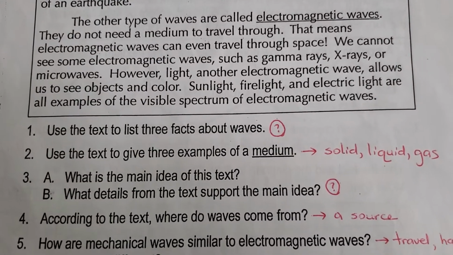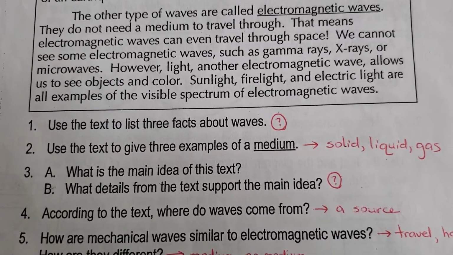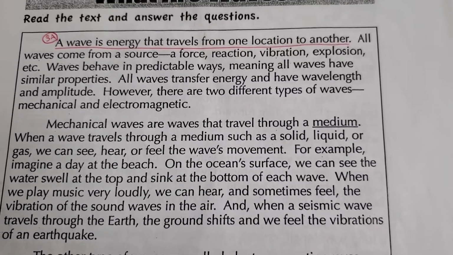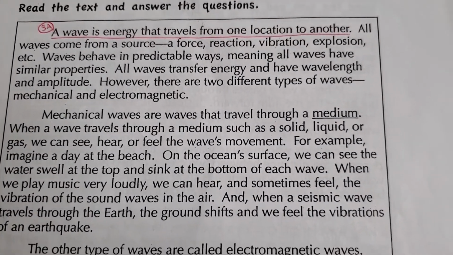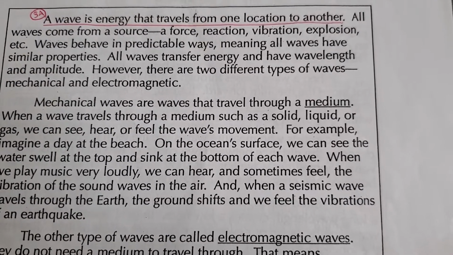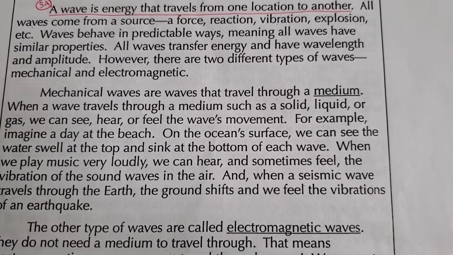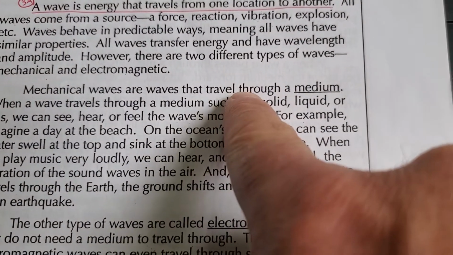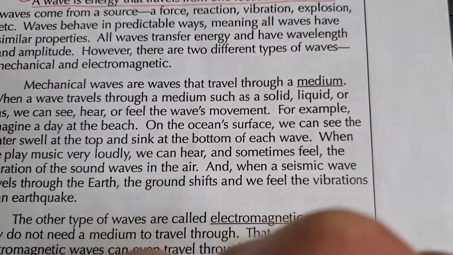Moving down. What details from the text support the main idea? Well, remember, the main idea said waves travel from one location to another. Okay, so where can we find some information that backs that up, that supports it? Well, look how many times it says travel through. Right here. Waves travel through a medium.